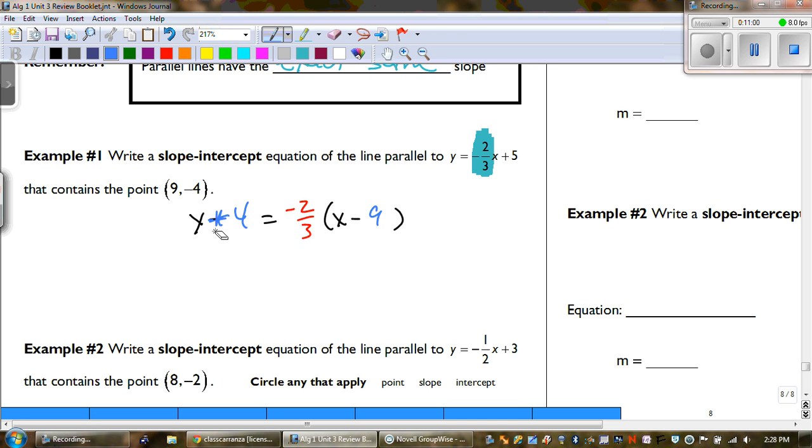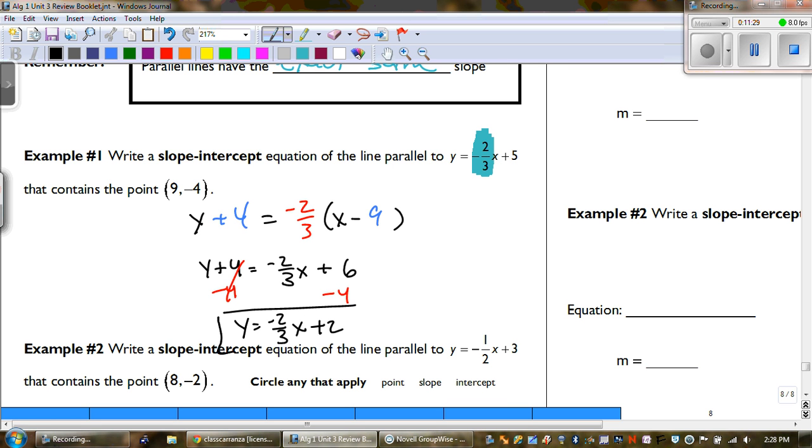So that, I'm sorry, I'm just going to rewrite that because that's a +4. Okay? So go ahead and distribute. Negative 2/3 times 9 gives us a +6. And then we subtract 4 to both sides. And we get y equals negative 2/3 x plus 2.